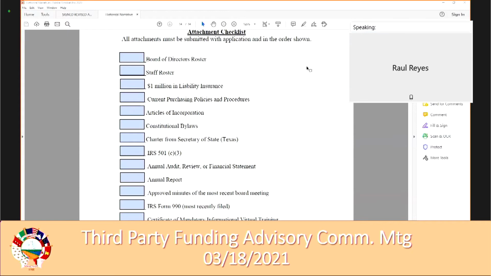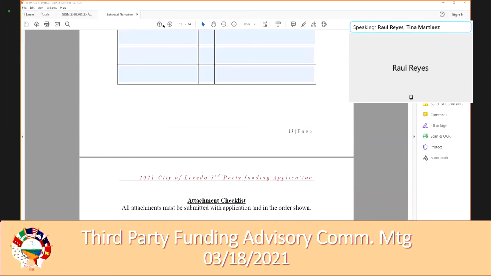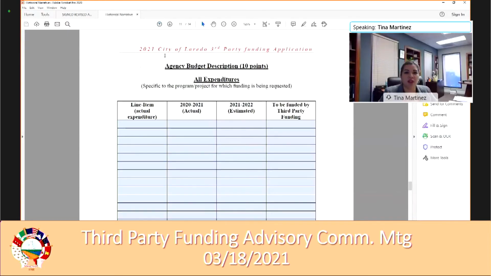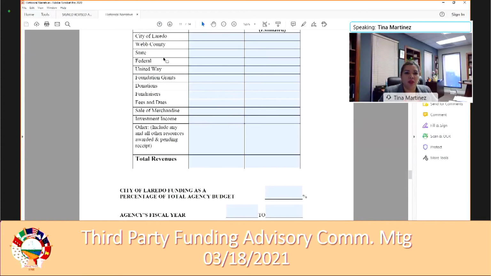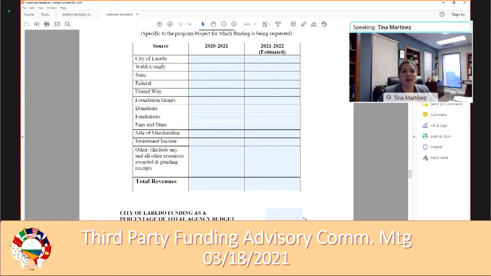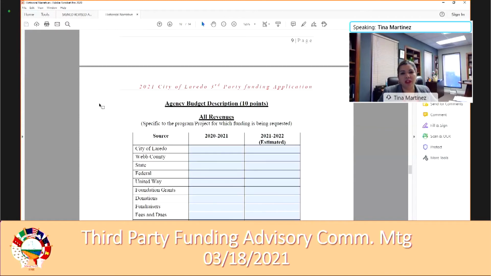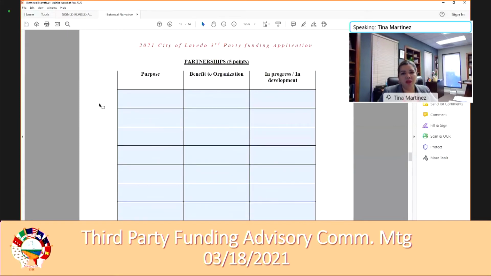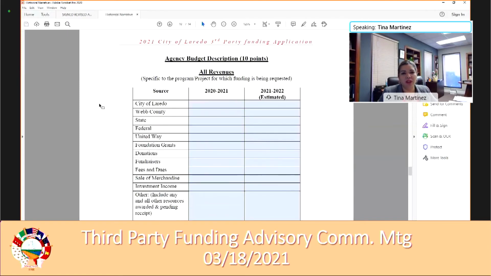Scroll up to the budget, Edgar. Well, here we ask for the different sources of funding, but I don't think, if they're not asking to fund the salaries, we might not be asking for that information. Edgar, I don't know, I mean, you see all these applications more often than me. Do you recall? I don't believe we do.